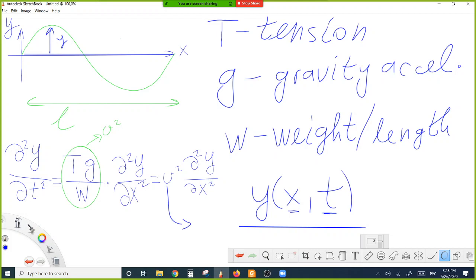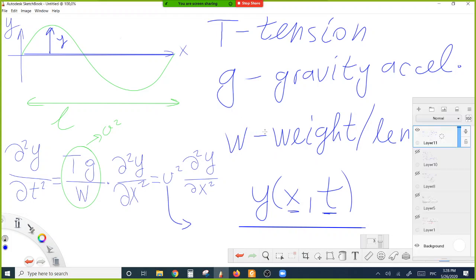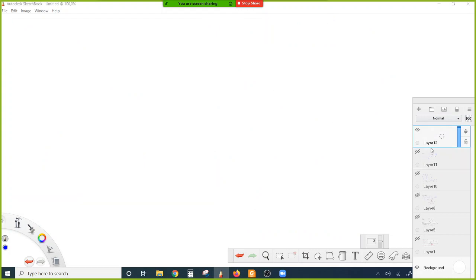Okay, now let's do a bit of manipulations with the string equation, or with the wave equation.